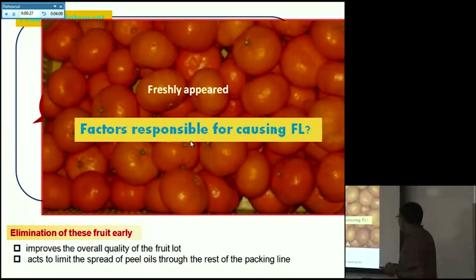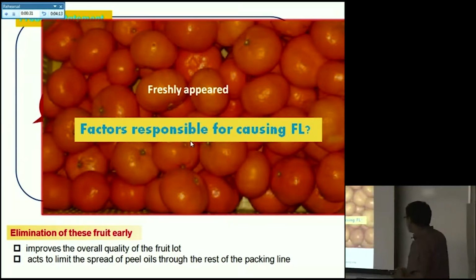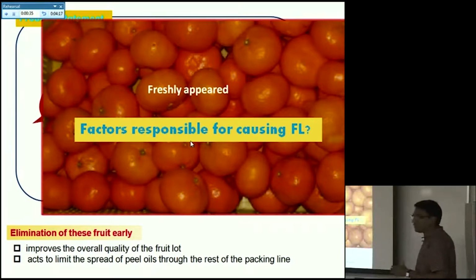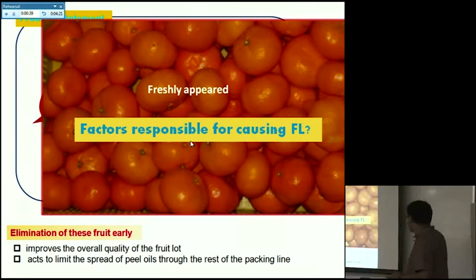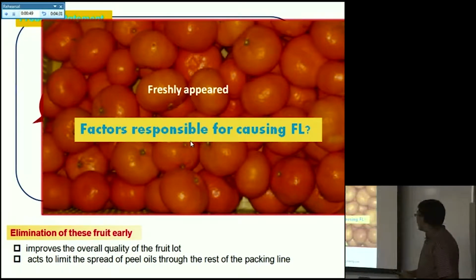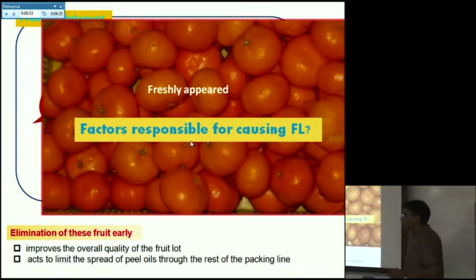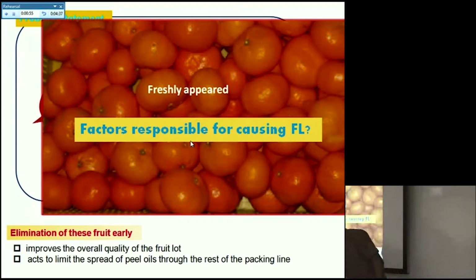So early elimination of this fruit not only improves the quality of the fruit but also limits the speed of the peel wells through the entire packing line. So it is important to understand and explore the factors responsible for causing the fluorescence signature. However, no research has yet been done to examine this.